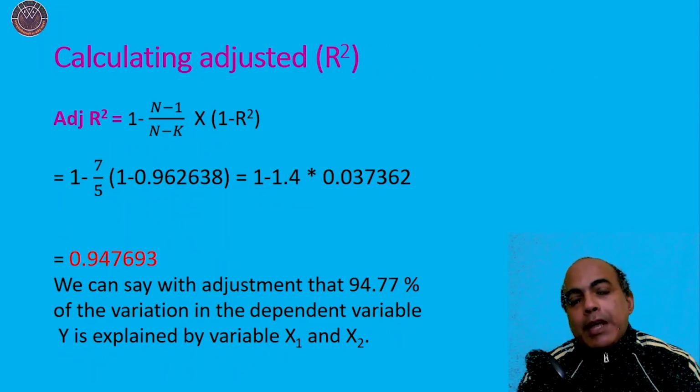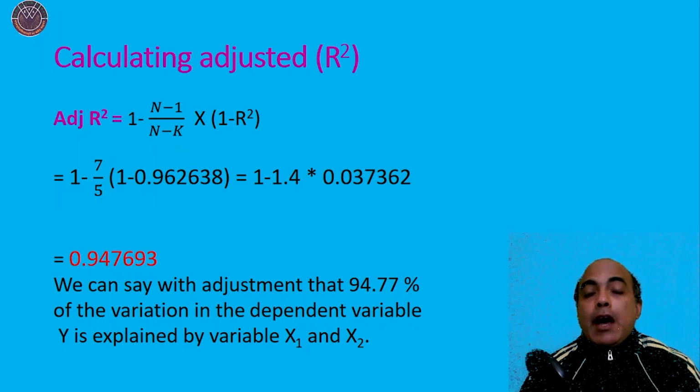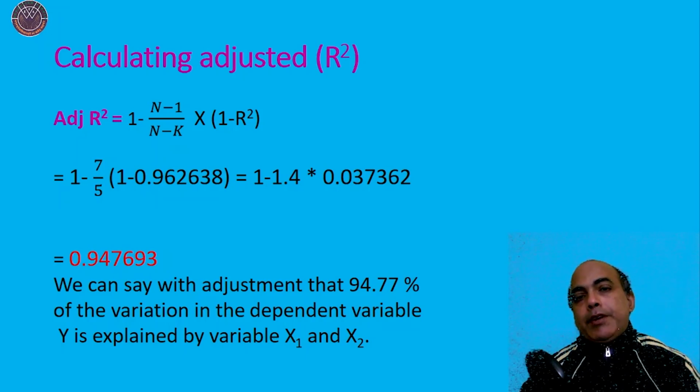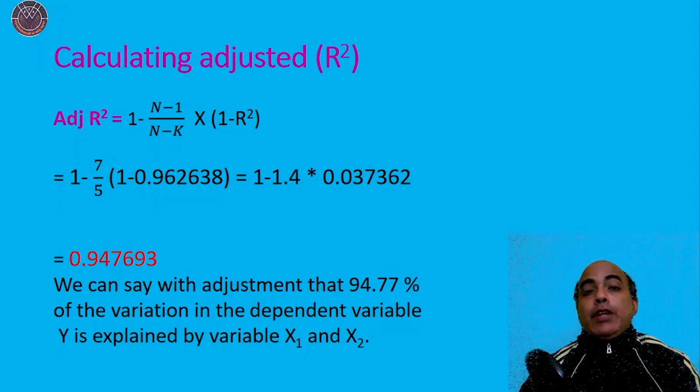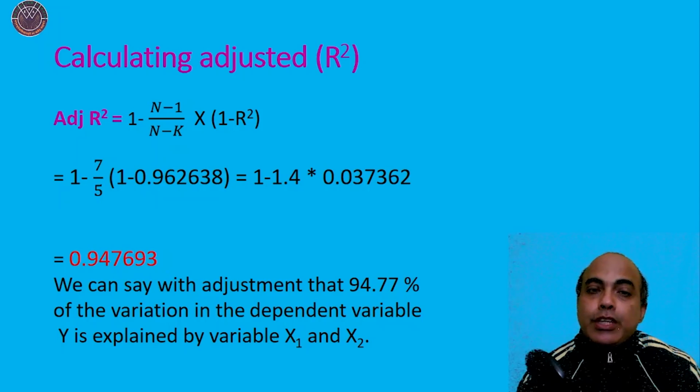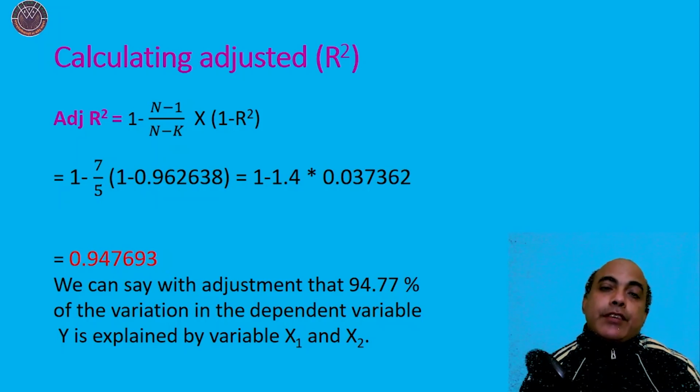Now we will calculate the adjusted r square value. So what is the adjusted r square value? Whenever multiple independent variables are involved in a multiple regression, we have to calculate the adjusted r square value. Basically, it is done to see whether our regression equation is overfitted.